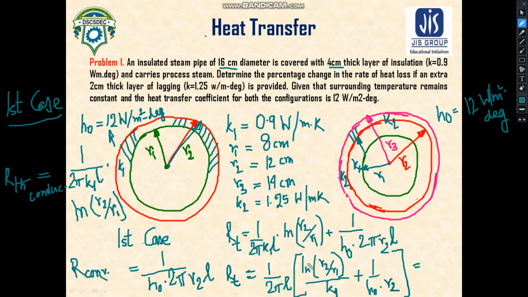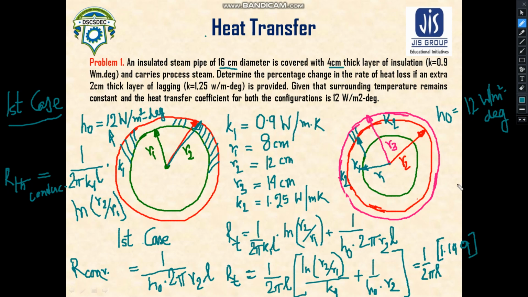So you can put all the values here. So the equation ultimately can be written as 1 by 2 pi L into 1.149. Okay, so I think you have understood.